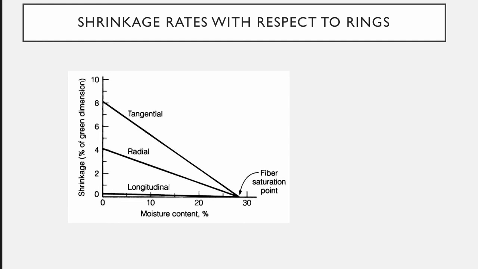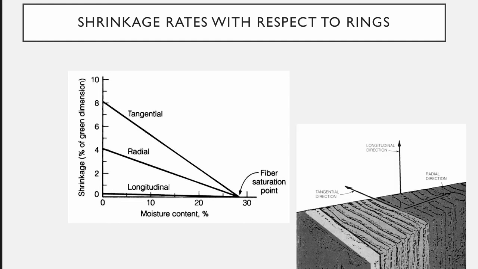As we reduce the moisture content, we would expect more shrinkage tangentially than radially, and hardly any longitudinally. But it's interesting because we can see that we have zero expected shrinkage when we're at this fiber saturation point. And of course, let's remind ourselves that tangential is where we're seeing the most shrinkage.